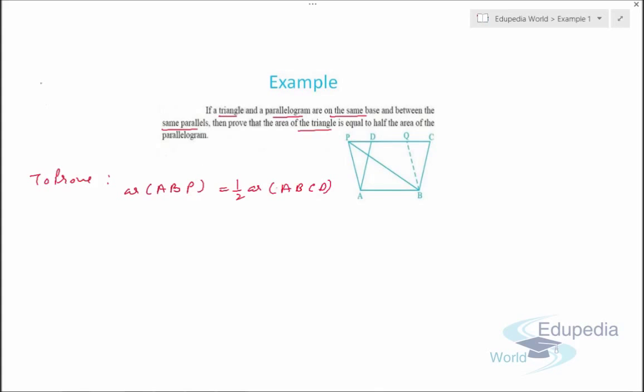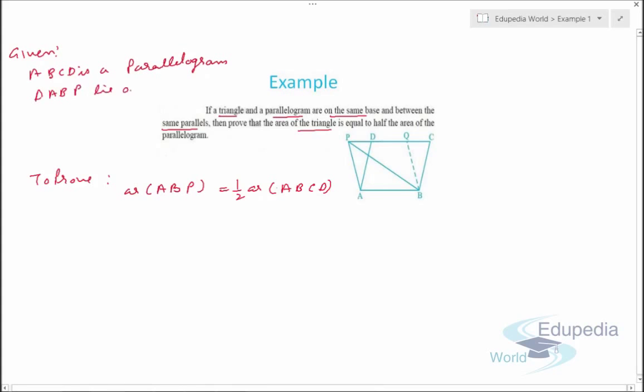Here we are given that ABCD is a parallelogram, and triangle ABP, they lie on the same base AB and between the same parallel lines, CP and AB.